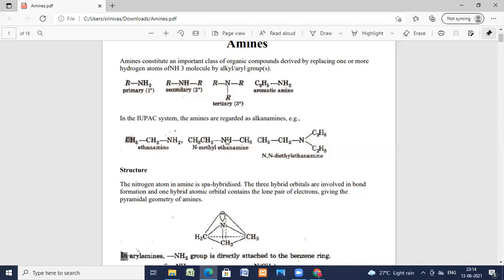And here this NH group has one ethyl group and the other one is a methyl group. So methyl ethyl amine, alkanamines. And the nitrogen, where the three bonds are replaced by alkyl groups: ethyl group, ethyl group, ethyl. So N,N-diethylethanamine.